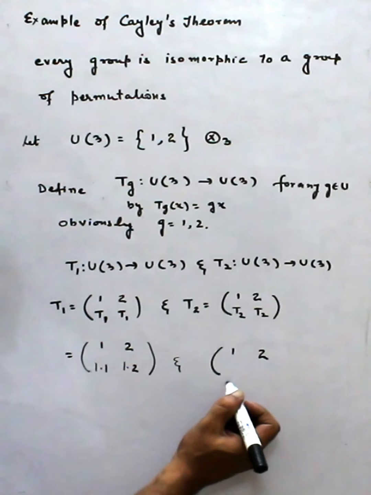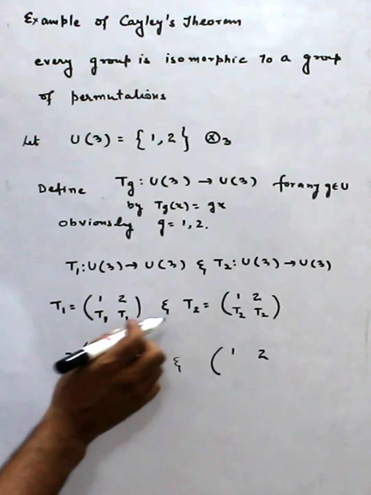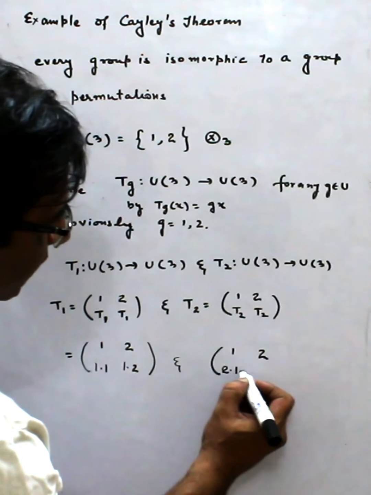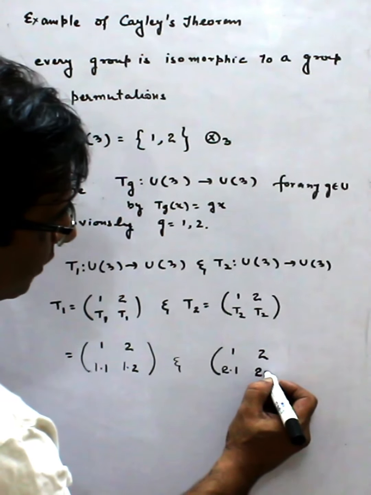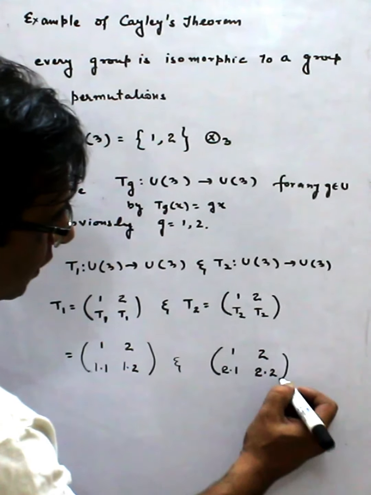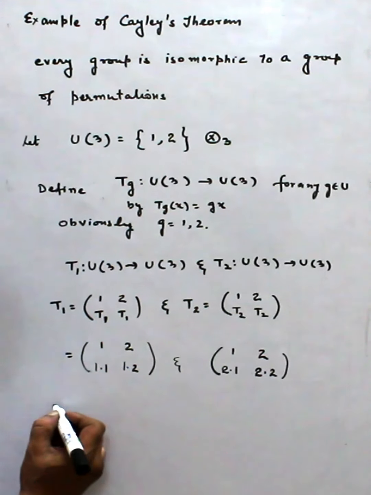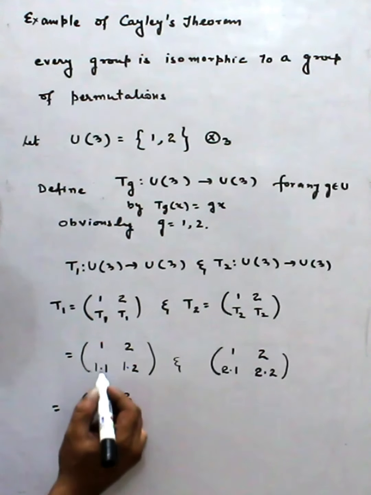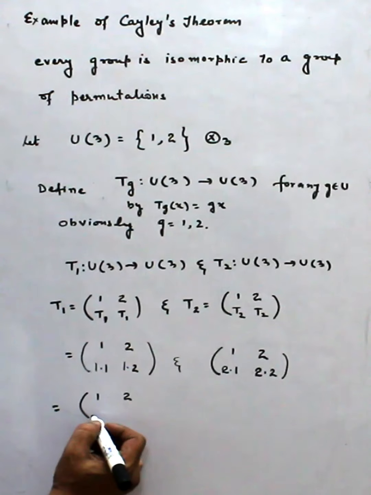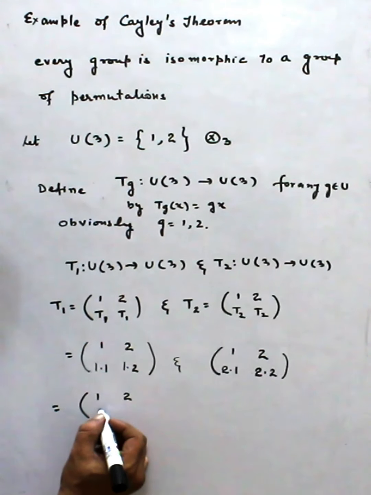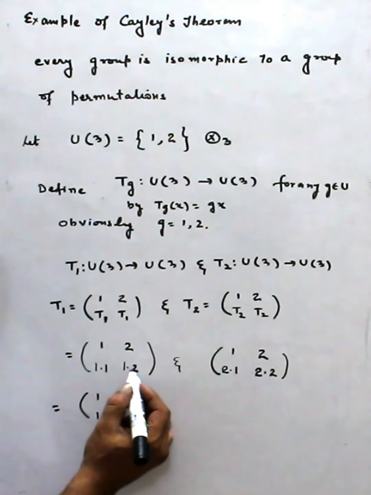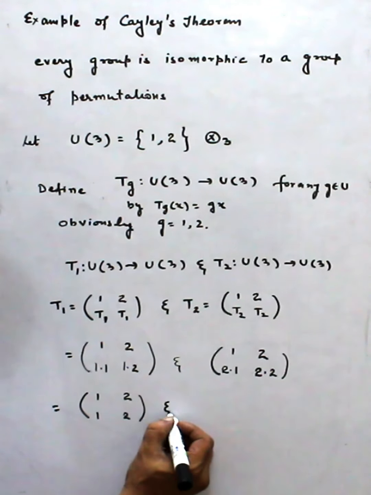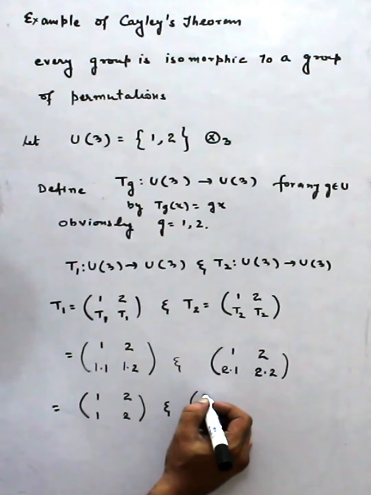Now T2. T2 is 2 into 1 and 2 into 2. So if I simplify, this becomes 1 2, and 1 into 1 is 1 divided by 3, this is 1. 1 into 2 divided by 3, this is 2. And what is here?